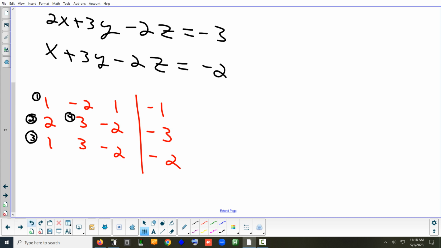And the fourth thing I'm going to want to do is get a 1 in that spot. And the fifth thing I want to do is get a 0 underneath it. So at this step, I would have a 1, 0, 0, 1, 0. And the sixth thing I want to do is get a 1 in that spot.